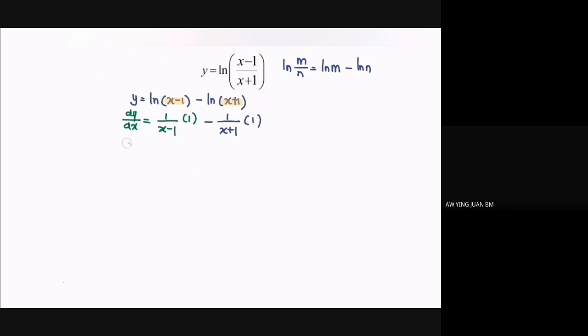Rewrite the situation. Dy dx is equals to 1 over x minus 1 minus 1 over x plus 1. Simplify the situation, and we will have x plus 1 minus bracket x minus 1 over x minus 1 x plus 1. Finally, y prime is equals to 2 over x square minus 1.